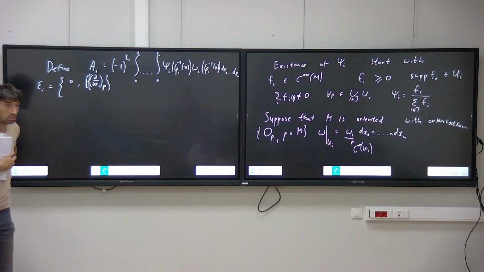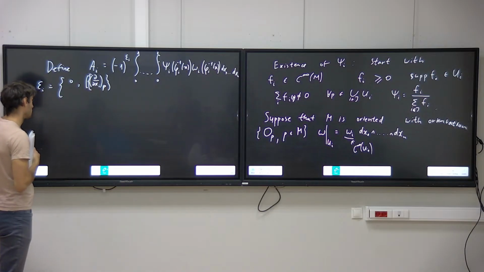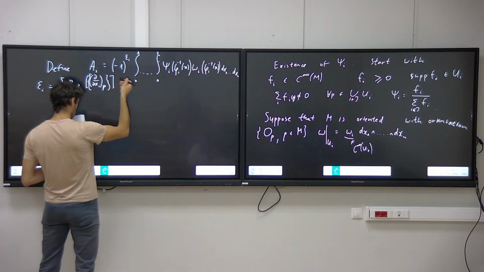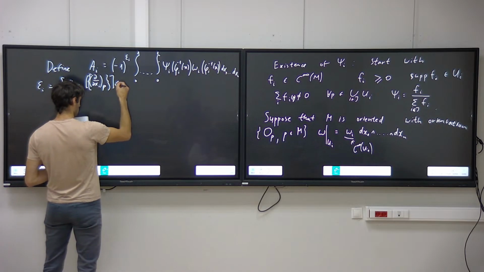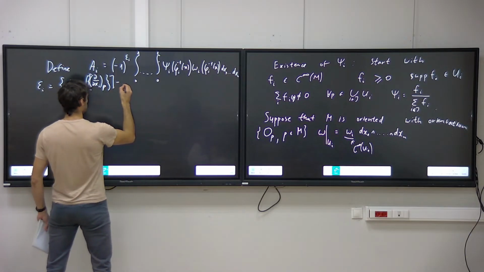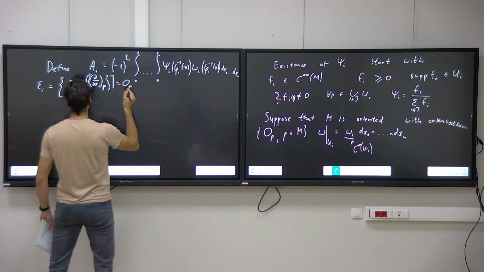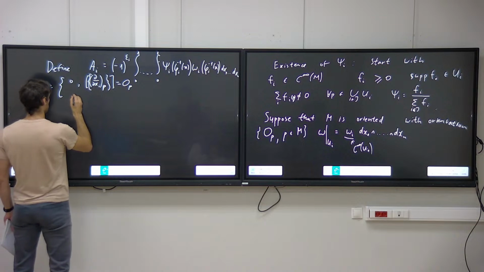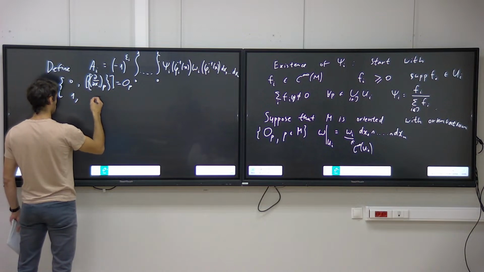At each point it can be equal to the orientation OP, and then I define epsilon I to be 0, or it can be not OP, and then I define epsilon I to be 1.